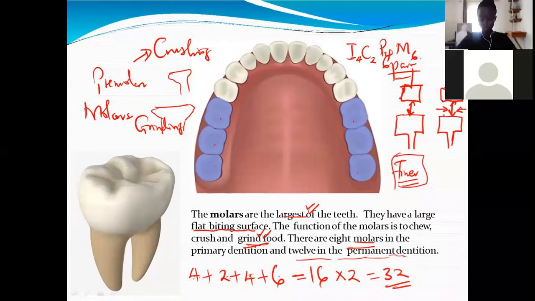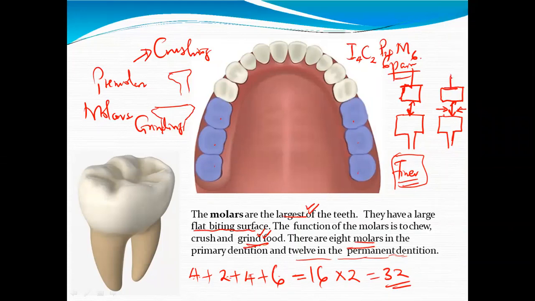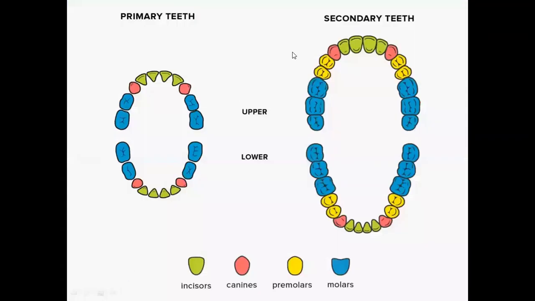That is what we will be having when we are talking about the amount of teeth that we have. Okay, so if we proceed now, you notice that I'm trying to give you some comparison between primary teeth or primary dentition and the permanent dentition, which is the secondary teeth, because I don't think you'll get another opportunity to look at both pediatric dentition, oral health, and also the adults.